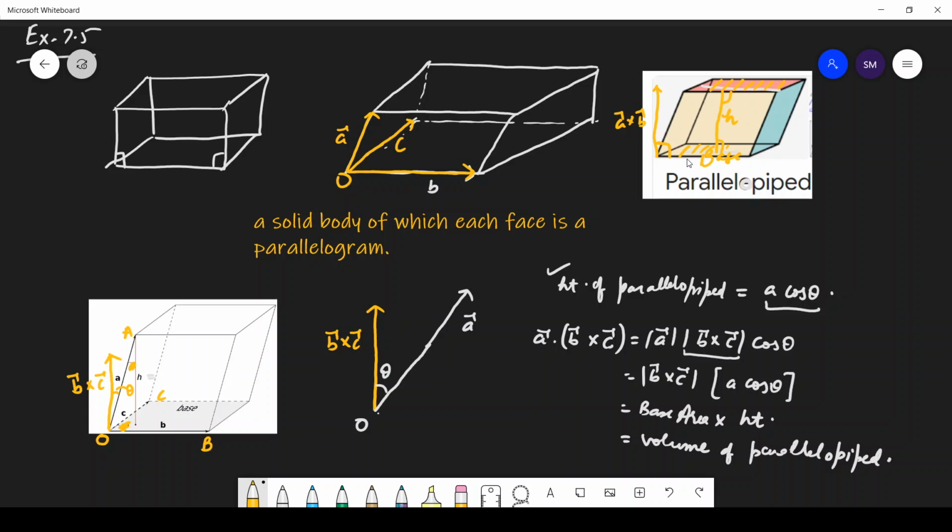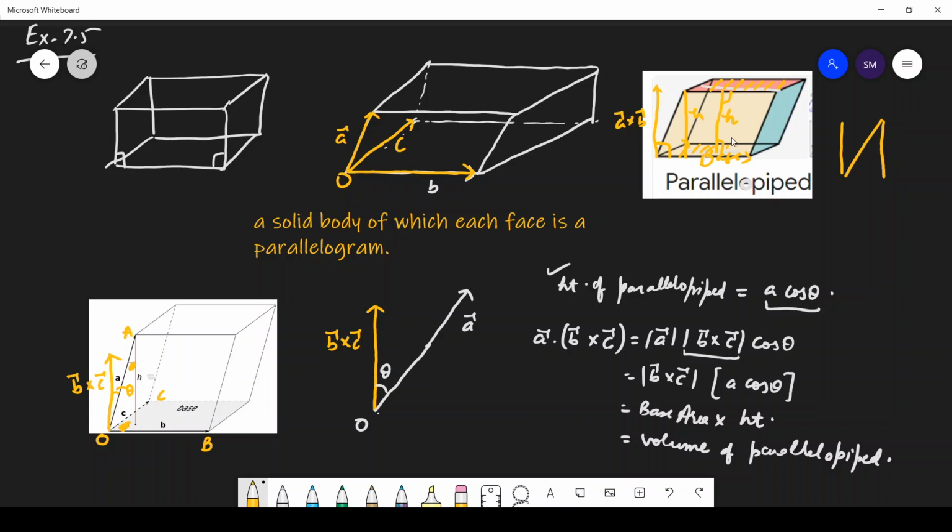Yes, sir. A cross B, this is your B, this is your A. So the A cross B vector is perpendicular to the plane containing A and B vectors. So this height and this A cross B, are they parallel lines? Yes. This is also height, this is also height. So these two are parallel lines.